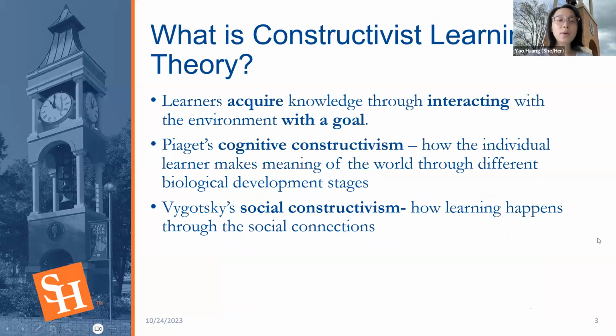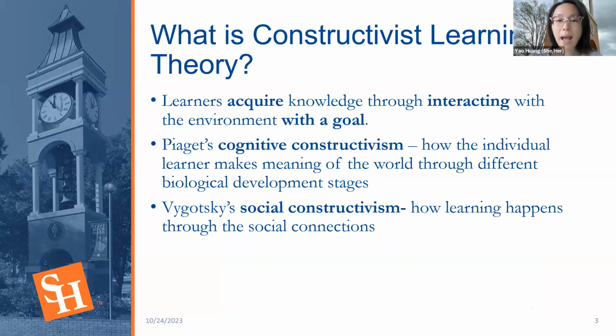Okay, first of all, let's do a very quick review of the constructivist learning theory. I believe all of you got it really well in your own learning experience, or when you were teaching a course back in high school or in college, you touched many facets of constructivist learning theory.